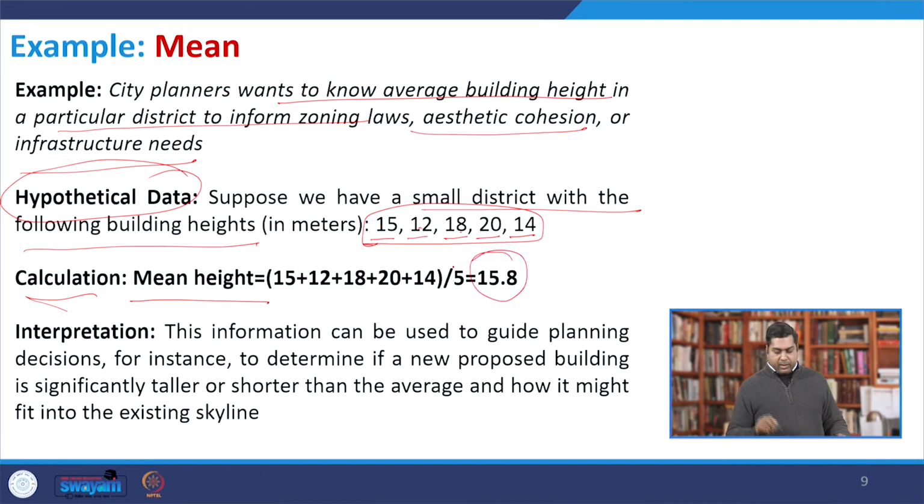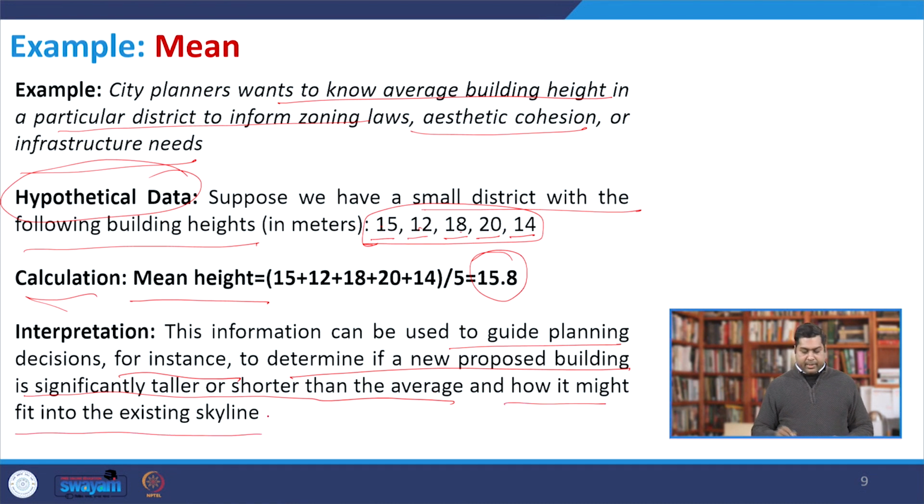So, 15.8. The interpretation is that 15.8 is the mean height of any building in that particular studied area. This will help guide planning decisions, for instance, to determine whether a new proposed building is significantly taller or shorter than the average and how it might fit into the existing skyline. So, this is just one example of calculating mean.